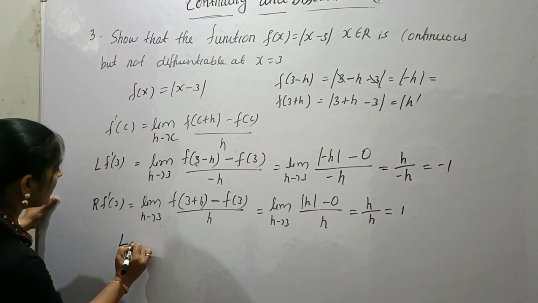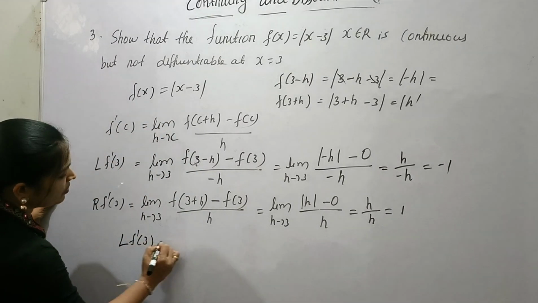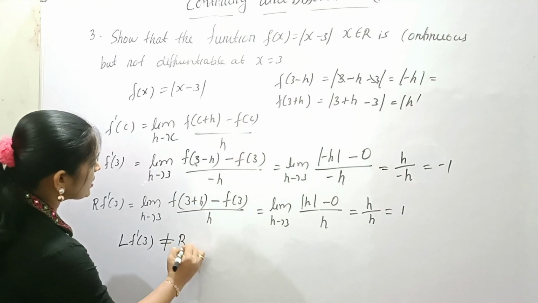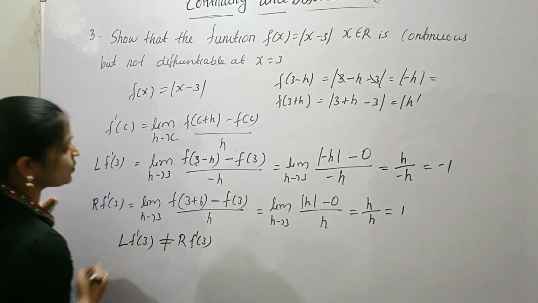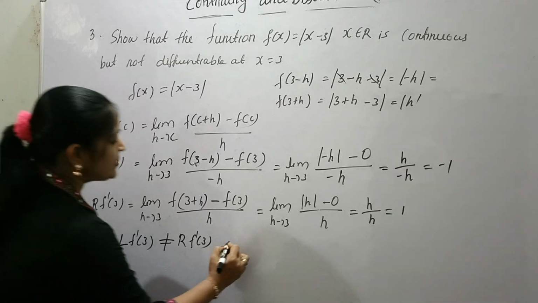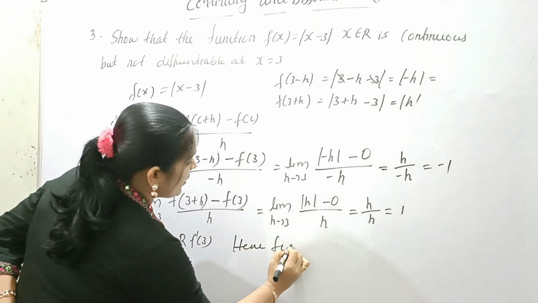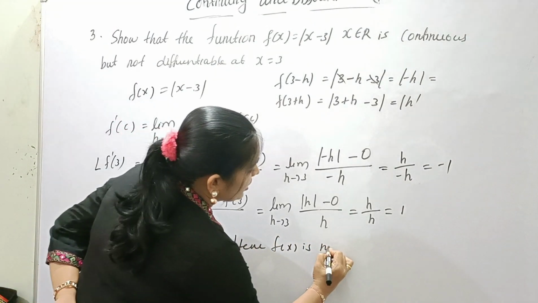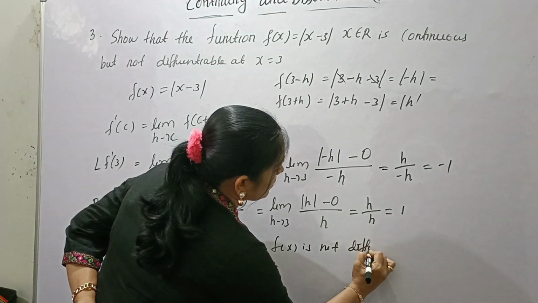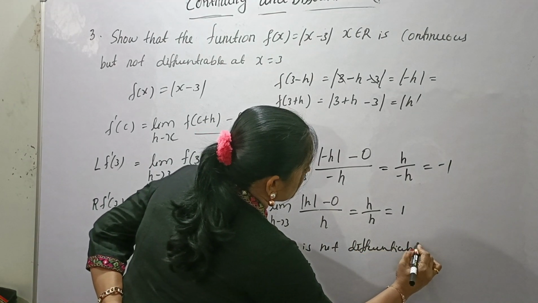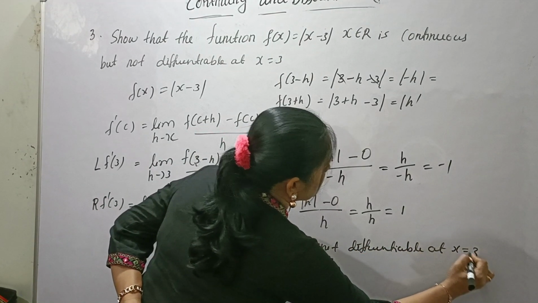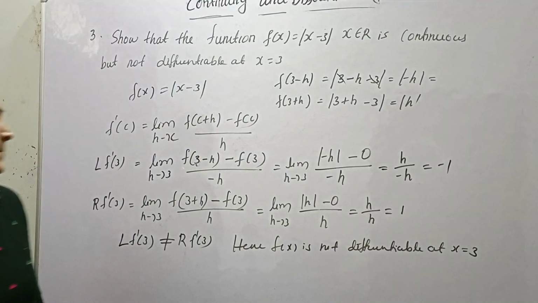So here left hand derivative is not equal to right hand derivative at x is equal to 3. Hence, f of x is not differentiable at x is equal to 3. Okay.